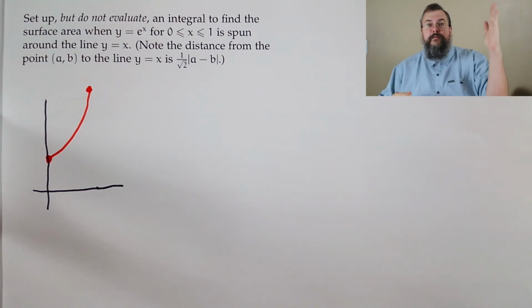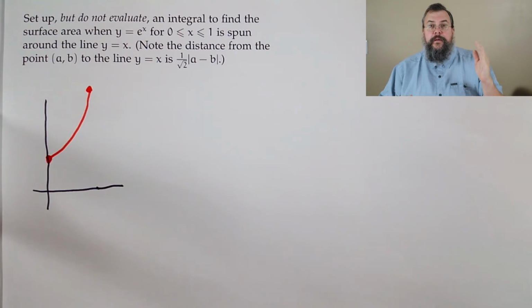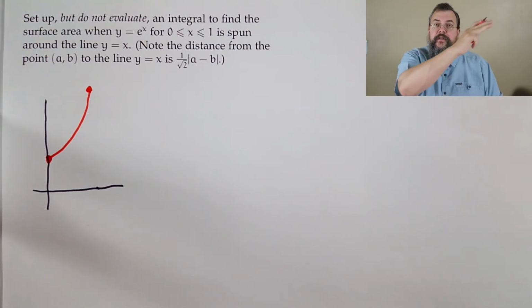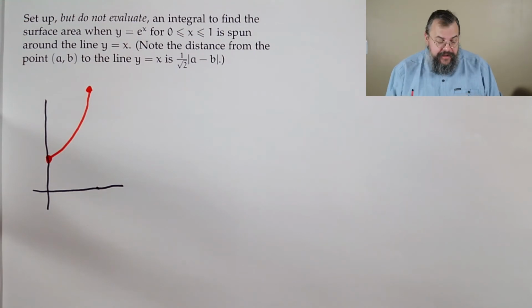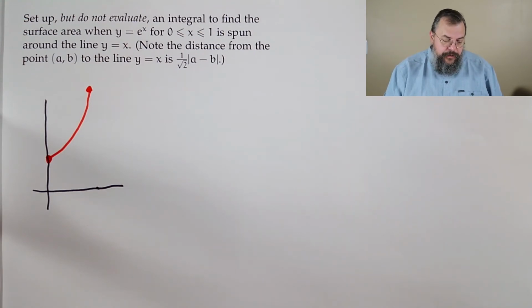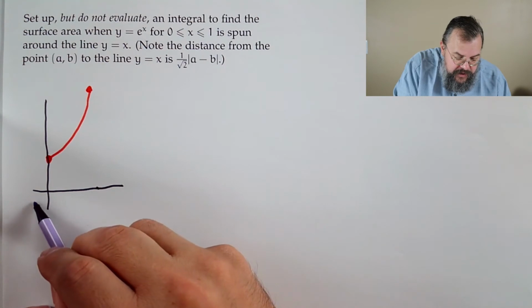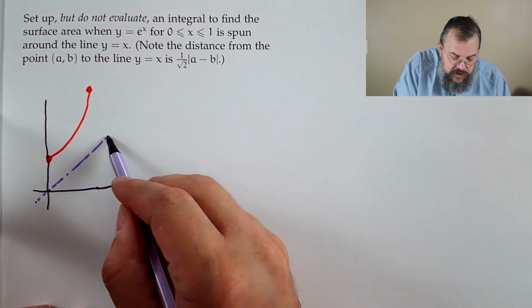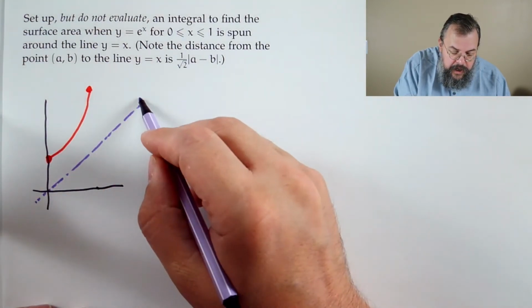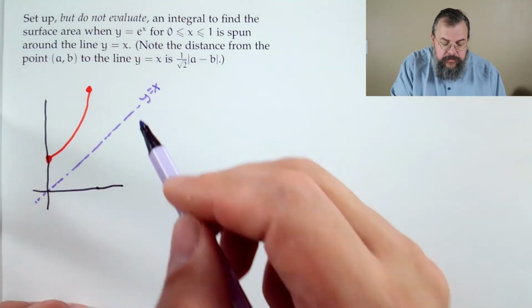We're not spinning around some vertical line. What's going to end up happening is we're spinning around this sort of diagonal line, y equals x. So we're going to go and spin it this way. So here's this line, y equals x.